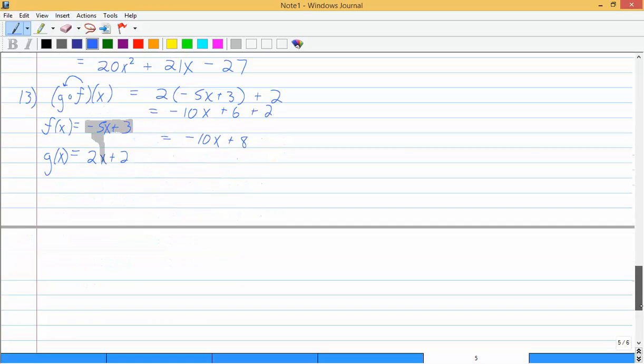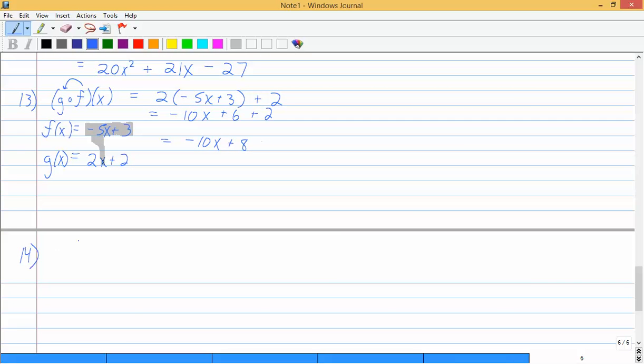Number 14. f of x equals 3x plus 5 if x is less than 5, and negative 2x minus 4 if x is greater than or equal to 5.